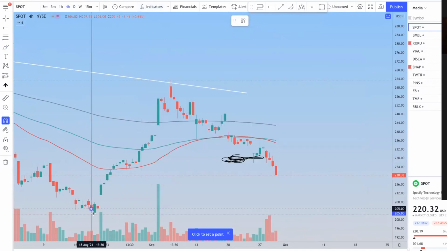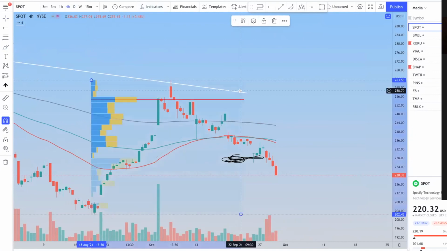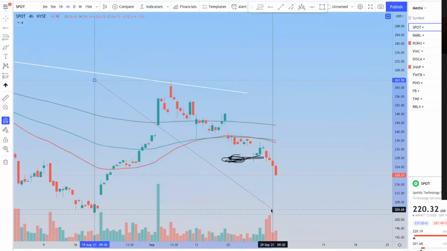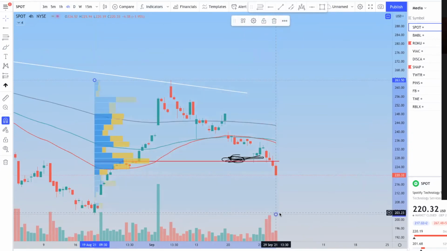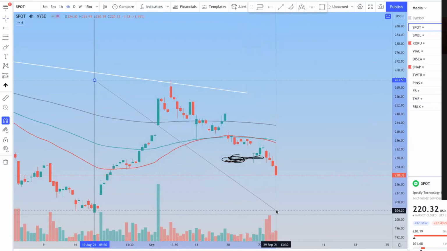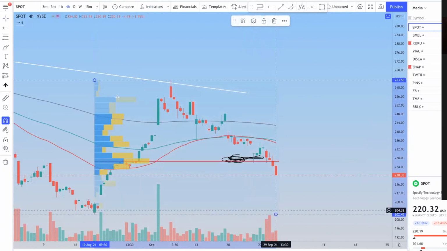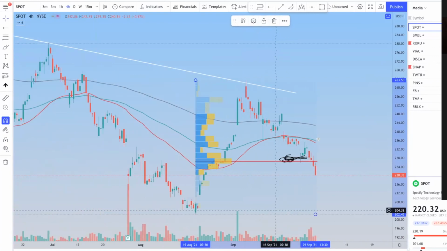So you would click here and then here. And for that period only, which is 19th of August until today, 29 of September, it gives you a custom volume profile and a custom point of control, right?